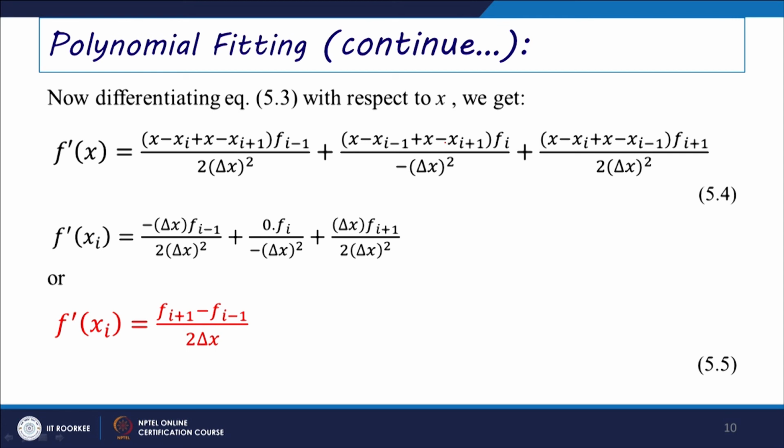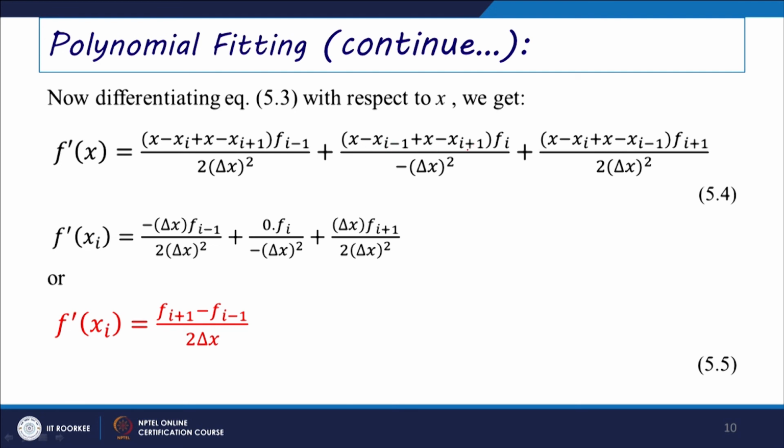Combinedly, if you take all these terms, we can write f dash of xi by replacing x with xi. Xi minus xi gives 0. Xi minus xi+1 gives minus del x. Then xi-1 term gives delta x, and xi minus xi+1 gives minus delta x, so these cancel each other, giving 0.